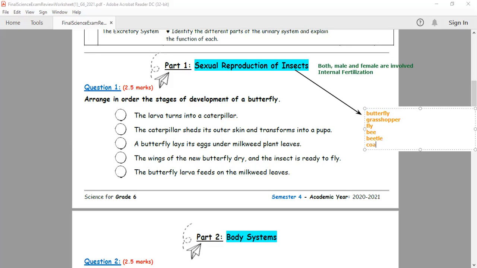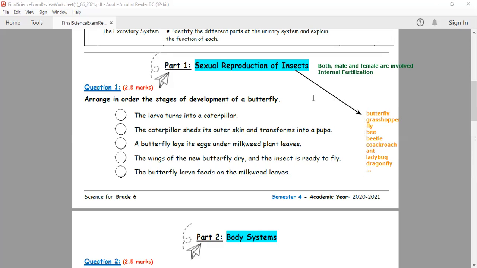Cockroach, grasshopper, butterfly, praying mantis, ladybug, dragonfly, etc. So fertilization in these insects happens inside the female's body.